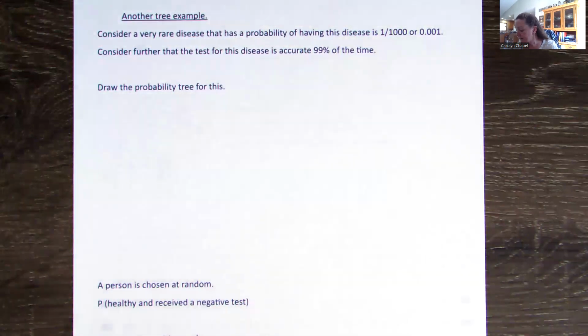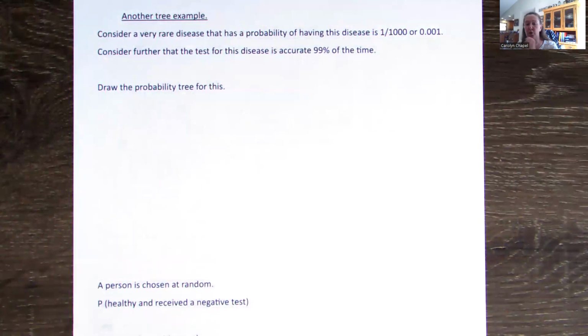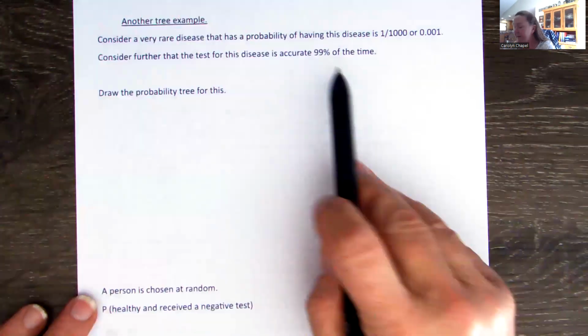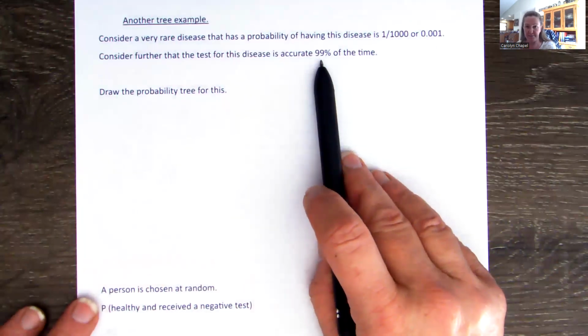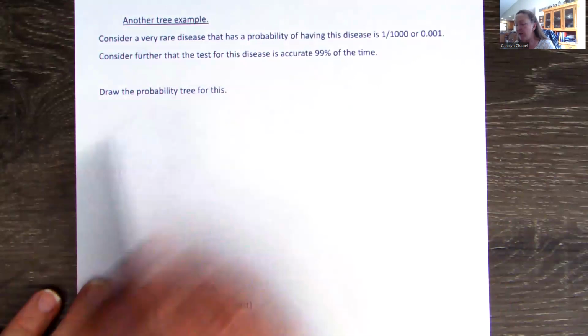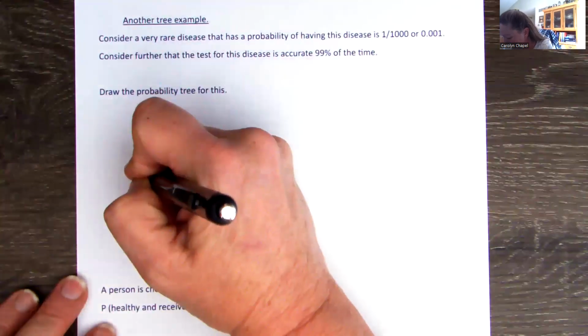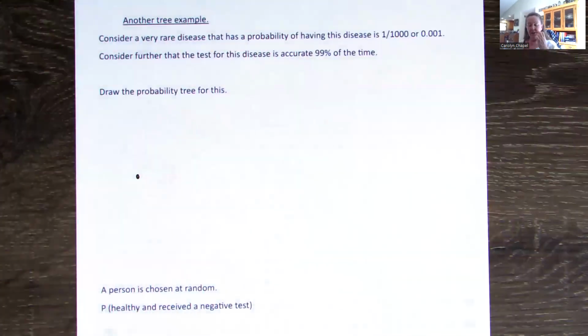And further, we're going to have a test for this disease. So basically, you go in and they give you this test, whether it be a blood test, urine test, nose swab test. We don't know, but it's 99% accurate, okay, at detecting the disease when you have it and telling you that you're healthy when you are healthy. So we're going to draw the probability tree for this thing. So here I am. Okay, that's me or the person.